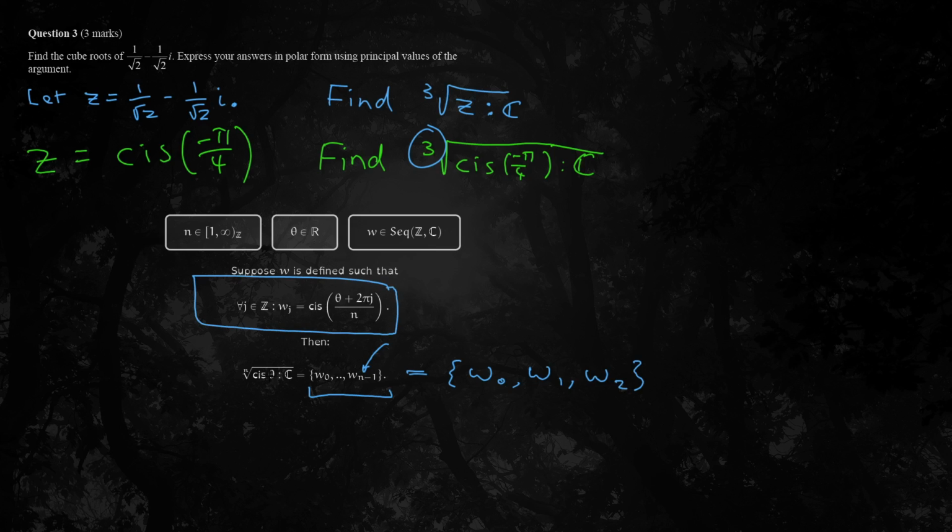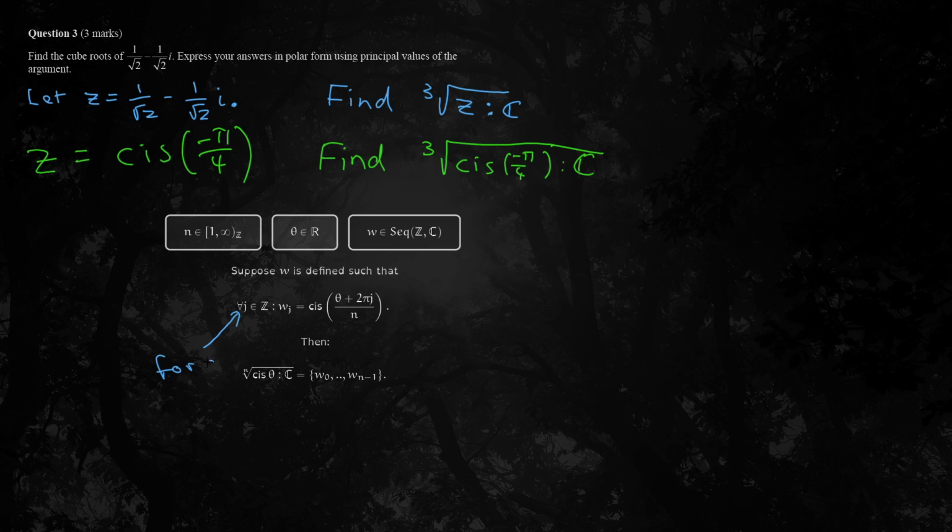Okay, so let's just talk about some of the symbols here because they might not be familiar. This upside down A is the for all symbol. And by the way, this Z with an extra line here is the set of integers, right?